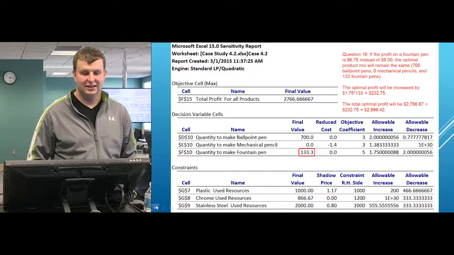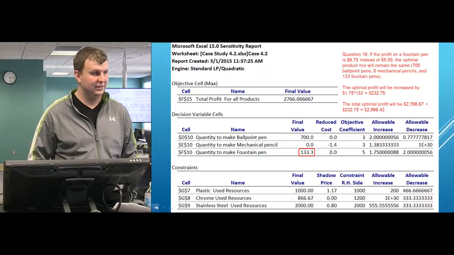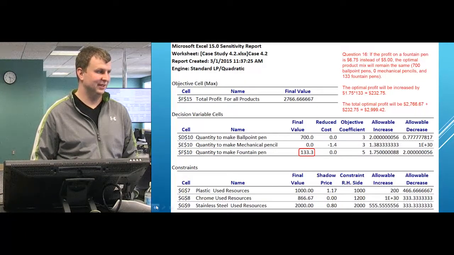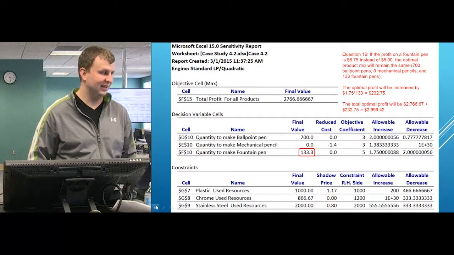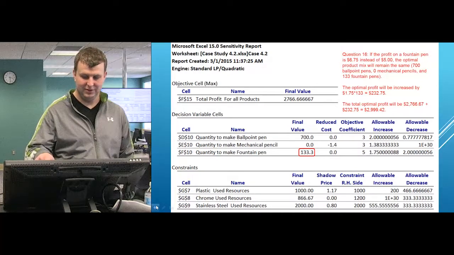What do you think happens when you increase the price by the same amount? The solution shouldn't change, should it? If we increased it even a small fraction more, then you'd have a problem. But at that value, it shouldn't change, right?